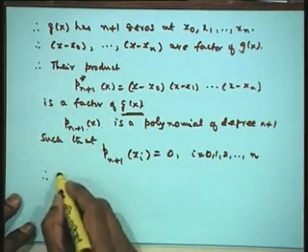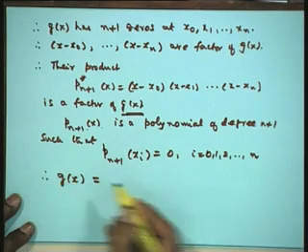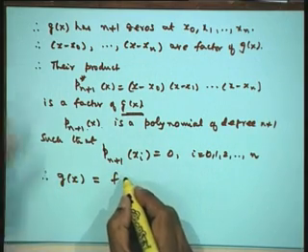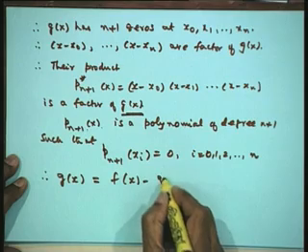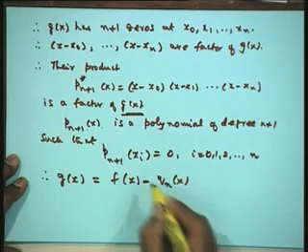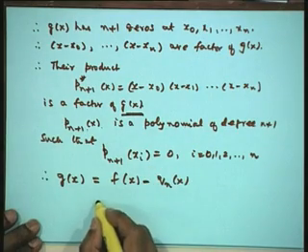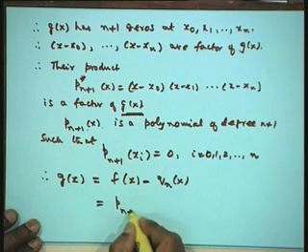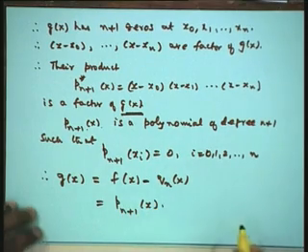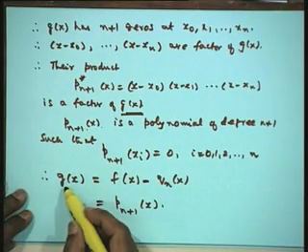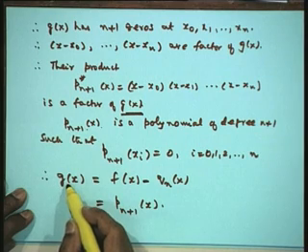Therefore I can write g(x), which we started with as f(x) minus qn(x), this is the definition, as P_{n+1}(x) times something. Now g(x) is a polynomial of degree 2n+1.